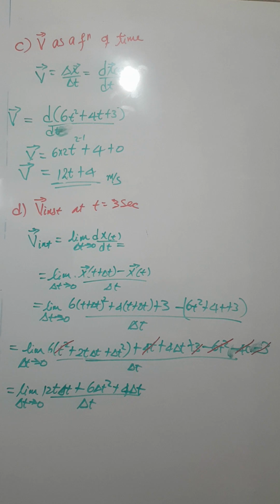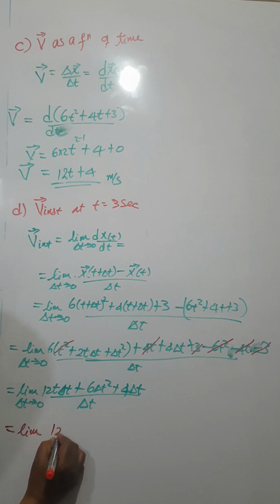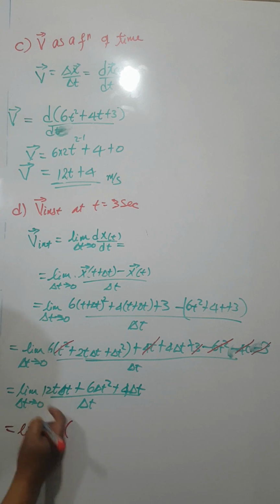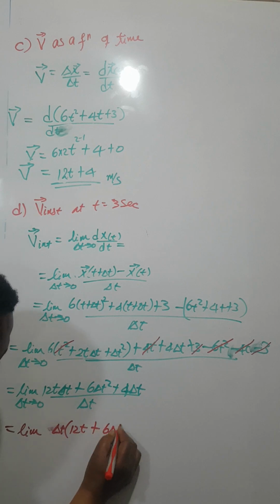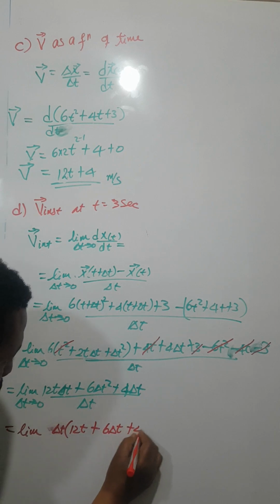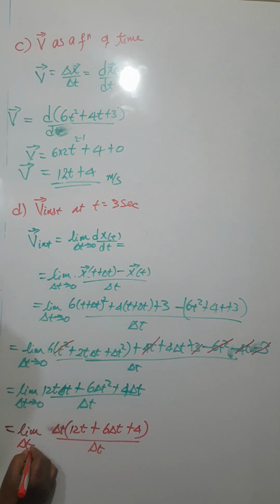Now we take out change in t as common, so this is the limit of change in t times (12t plus 6 change in t plus 4), divided by change in t.